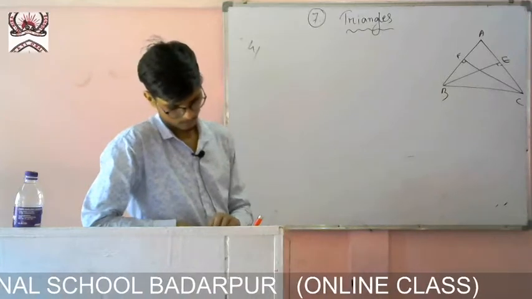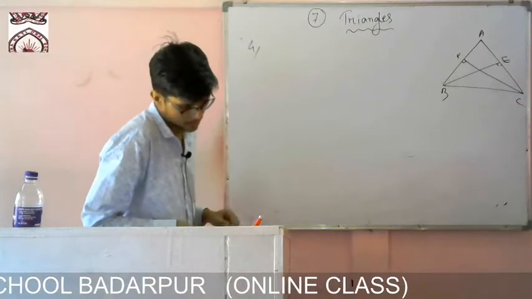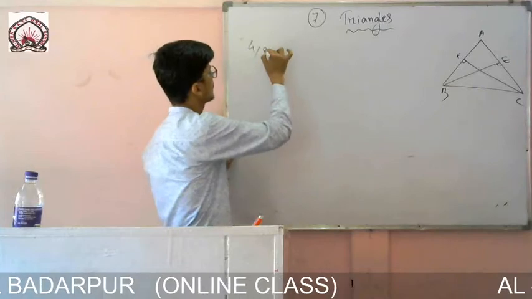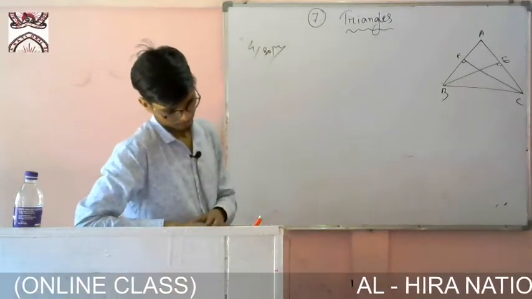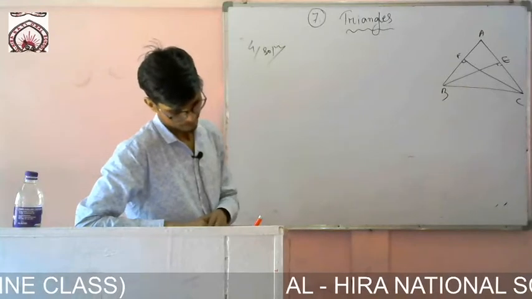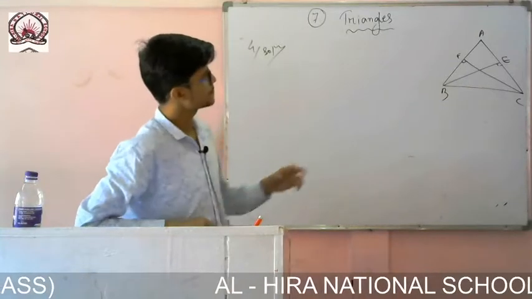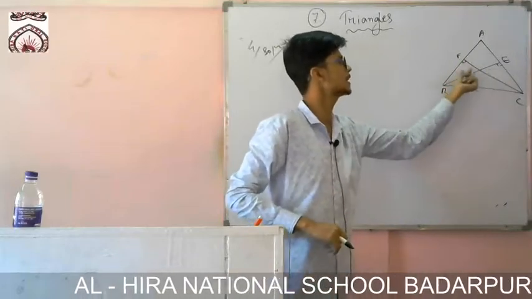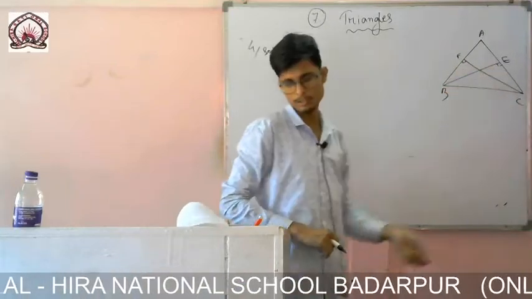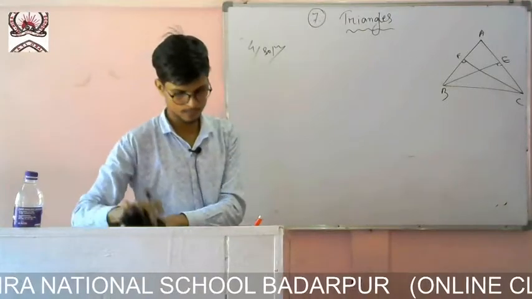Okay, so you see here, first of all let me write like this. These are the two triangles. Since BE and CF are the altitudes, that means this angle will be 90 degrees and that angle will also be 90. So let me prove that these are 90 degrees.